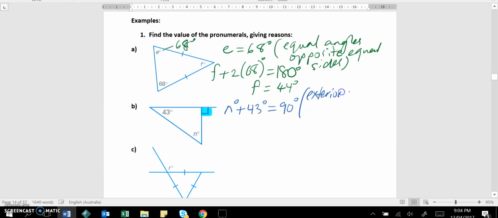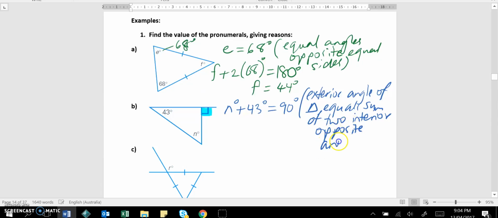So exterior angle of a triangle equals the sum of the two interior opposite angles. You need to write that reason out in full. It is a bit of a task, but you get used to doing it and then you improve your speed on it. So subtracting 43 from both sides on that one, you get N is equal to 47 degrees.